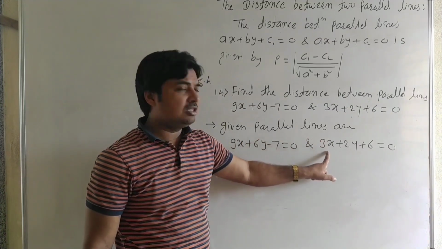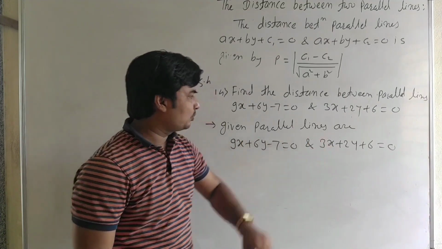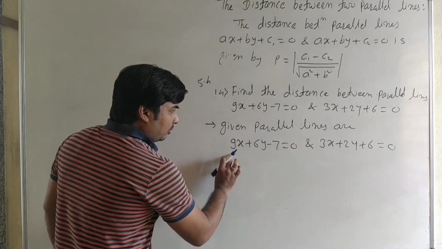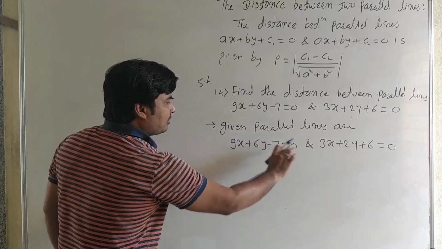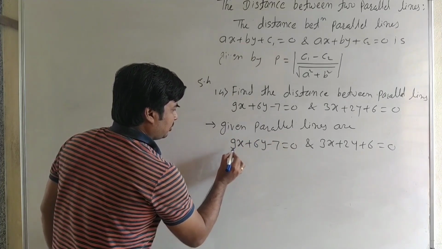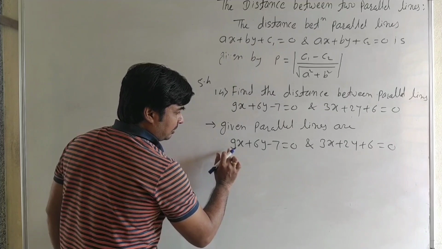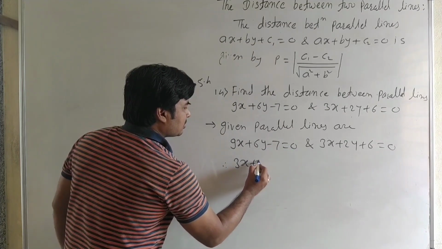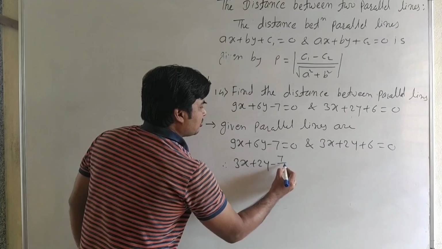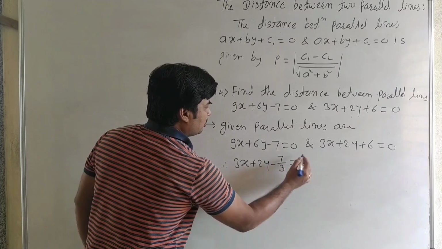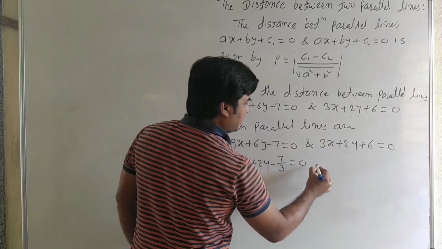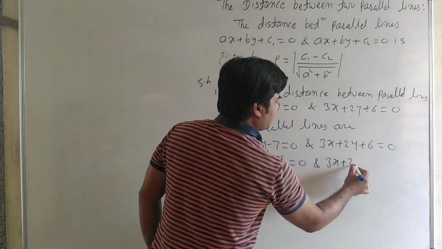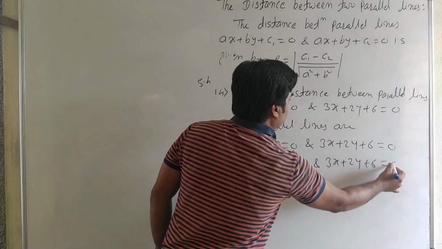It can be written as 3x plus 2y minus 7 by 3 is equal to 0, and the second equation stays the same, 3x plus 2y plus 6 is equal to 0.